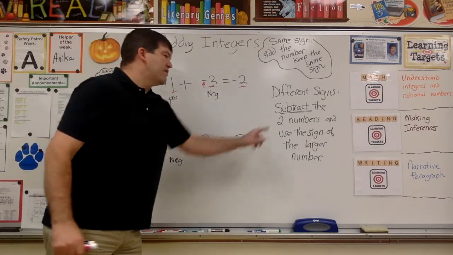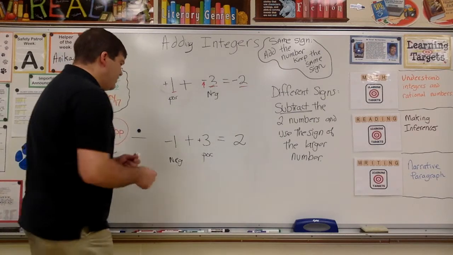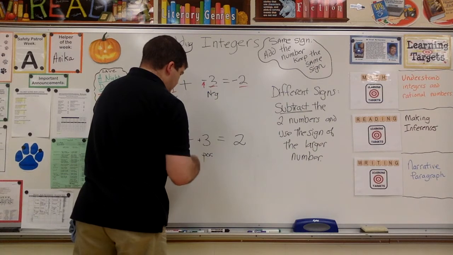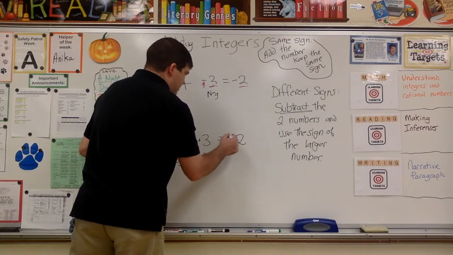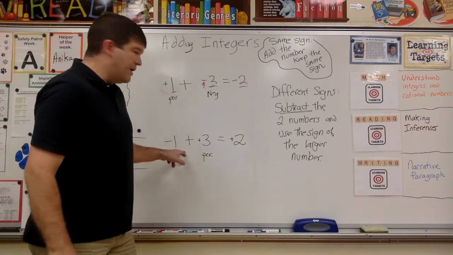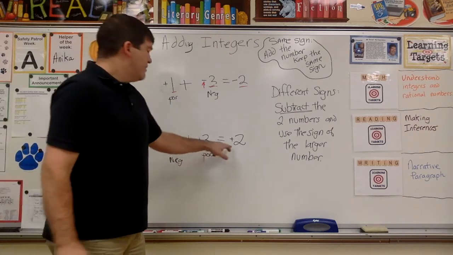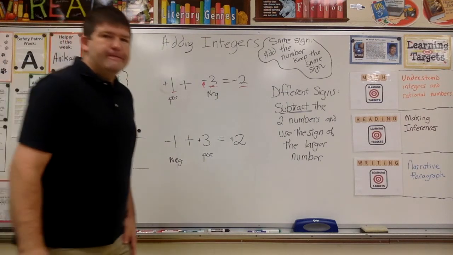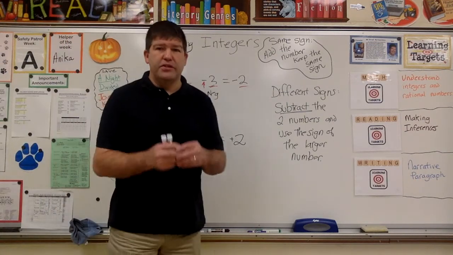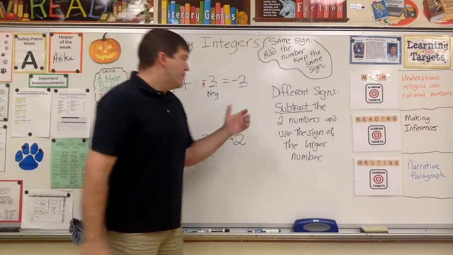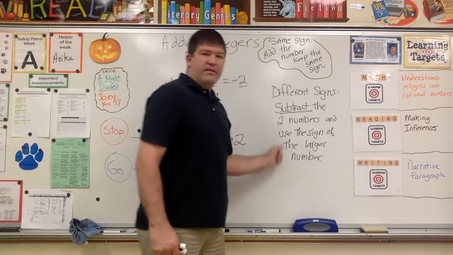Now I need to use the sign of the larger number. So 3 and 1, 3 is larger. So I'm going to use that plus. So if I have a -1 and I add 3 to it, I'm now at 2. Okay? So if it's smaller digits, you can use a number line, or this is the method. Okay?